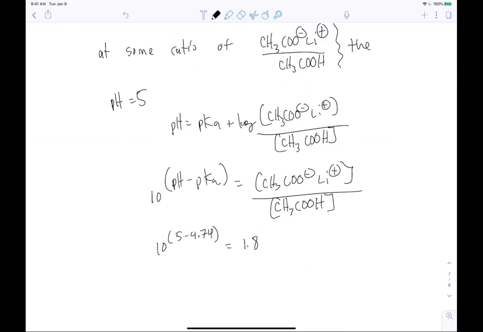All right. Yeah, so this gives you the ratio of your conjugate base to acid that you need in solution.